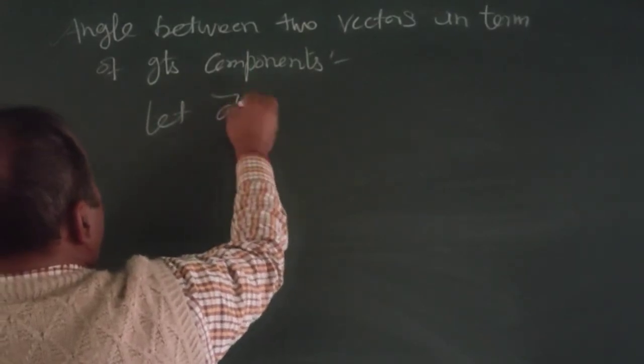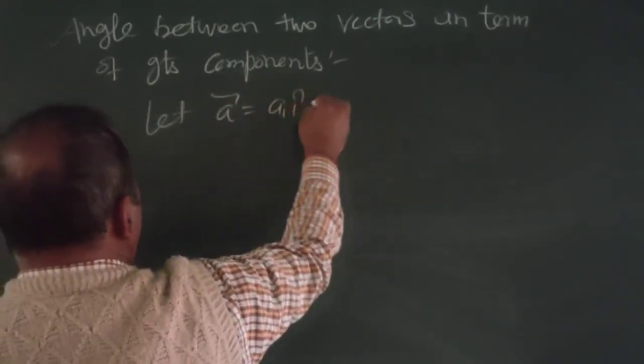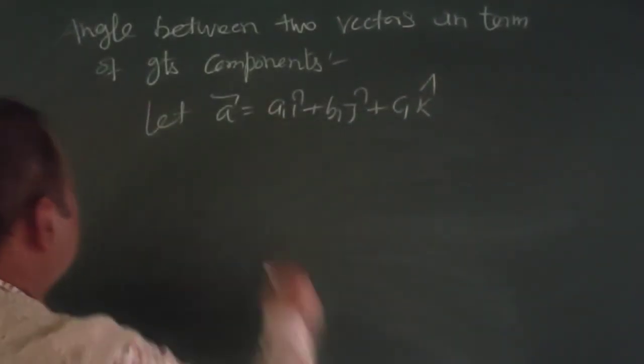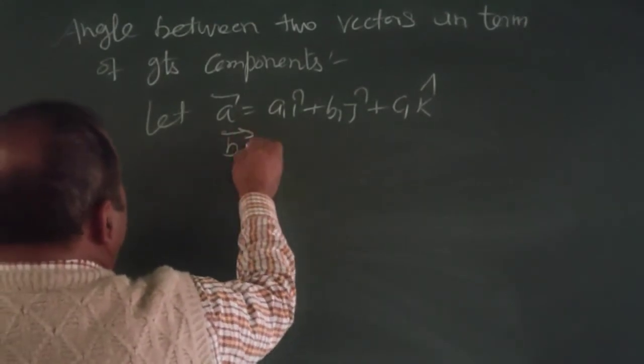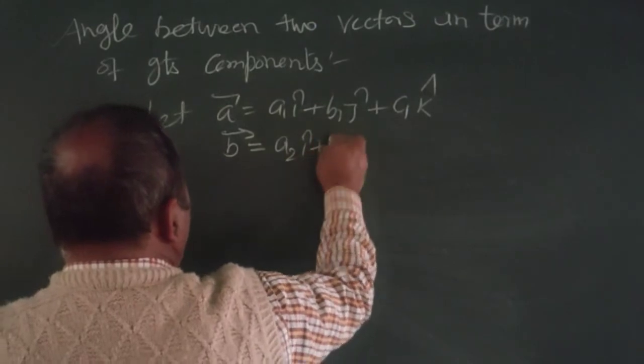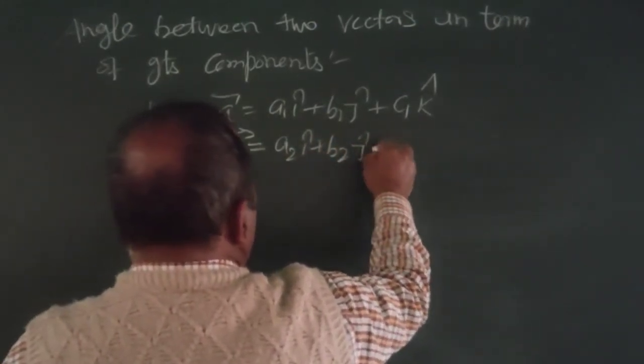Let A vector is equal to A1i plus B1j plus C1k, and B vector is equal to A2i plus B2j plus C2k.